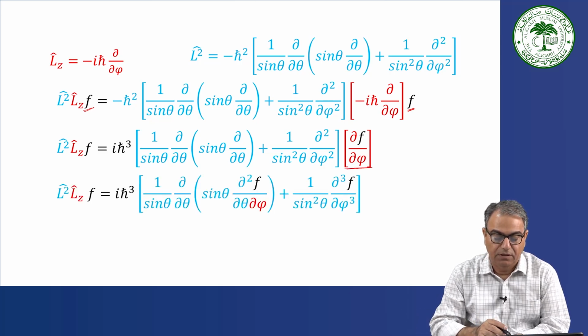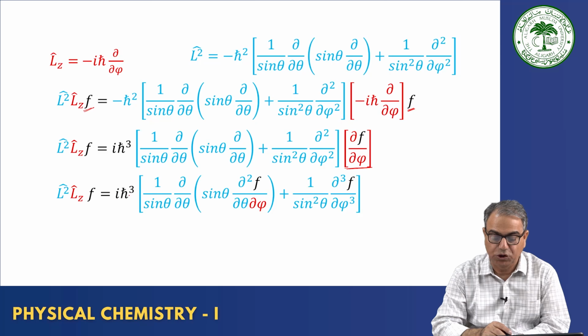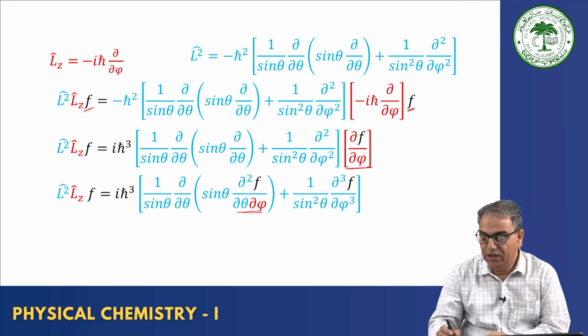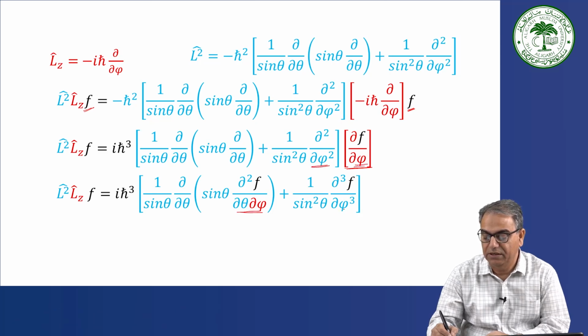So L square Lz f is equal to minus i h cross cube, 1 by sin theta del by del theta sin theta del square f by del theta del phi. You see here, it's del theta del phi, and then you have 1 by sin square theta del cube f by del phi cube. This was del phi square and del phi, so it's del phi cube.